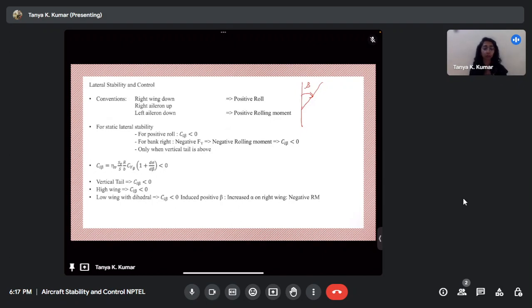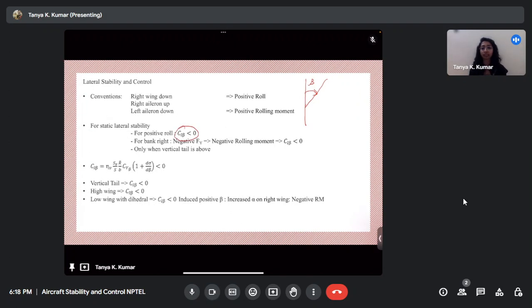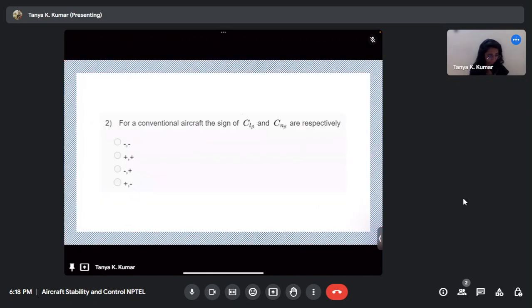Small l, rolling moment should be positive. Okay, so for a positive beta, you need a negative, oh sorry, I think I made a mistake. For a positive beta, you need a negative Cl. dCl by d beta should be less than 0. Okay, so this is the only criteria for lateral stability. So the first one, this will be negative.